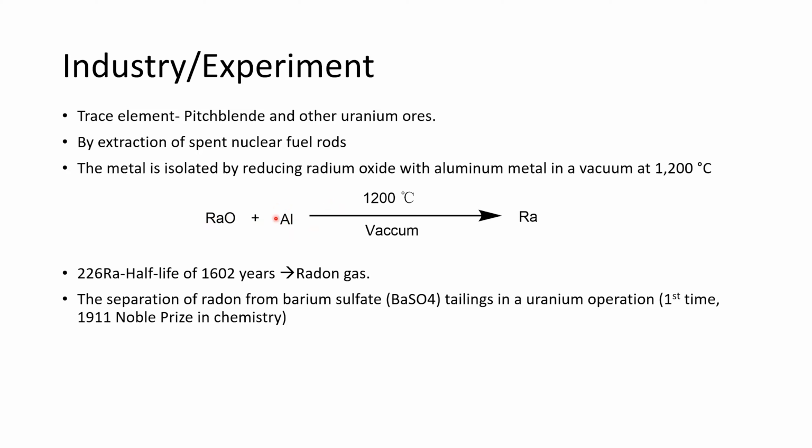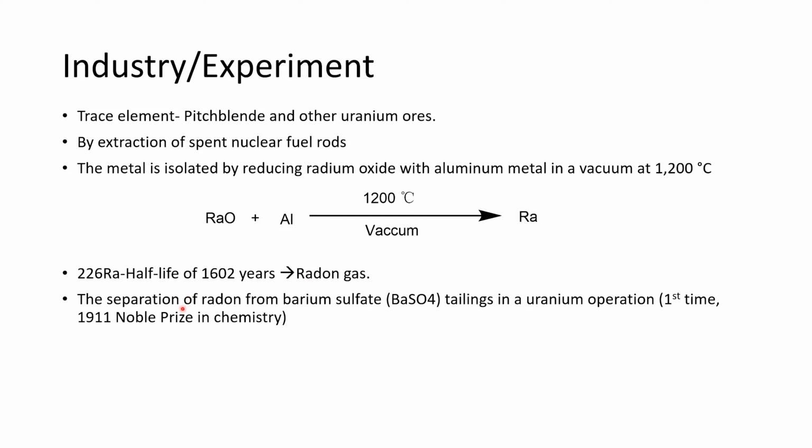They may react it with aluminum to get pure radium, and radium has a half-life of more than 1600 years, then it will become radon gas.